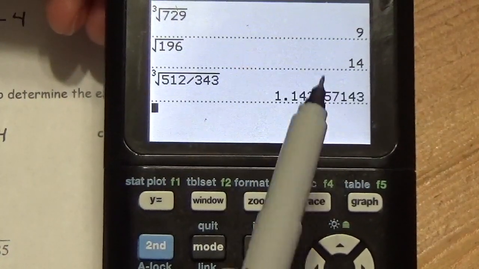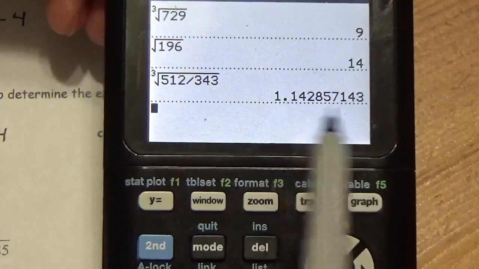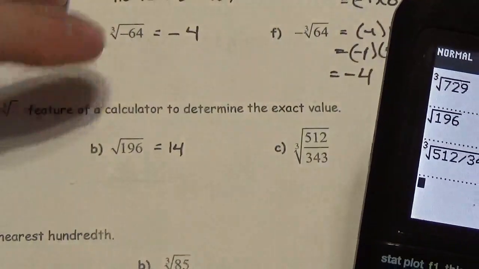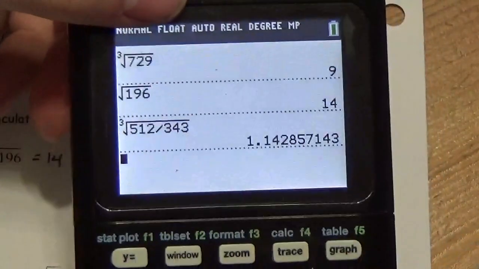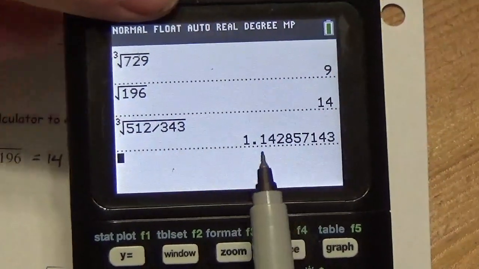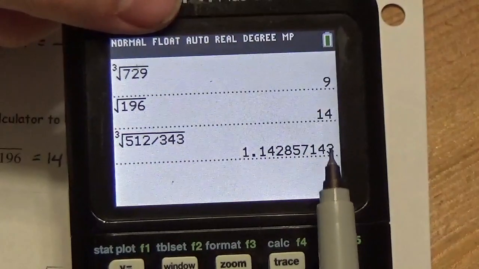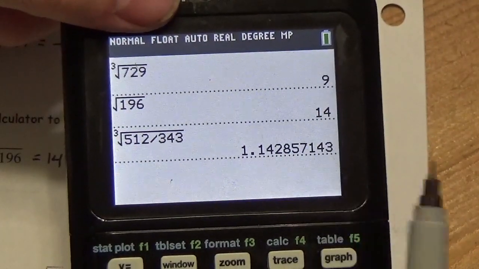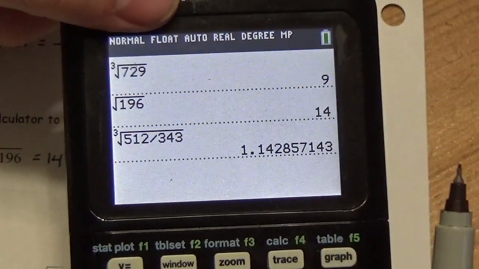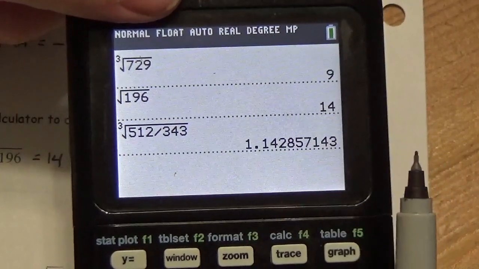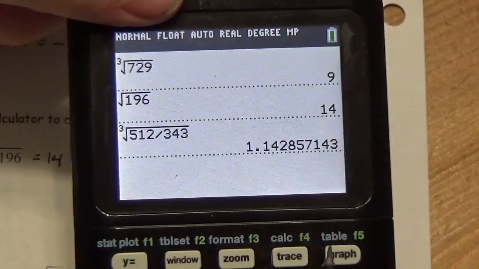I'm going to press enter, and I'm getting a strange decimal here. Now, this question told me that I should be able to get an exact value. A decimal is not an exact value, because the calculator is rounding at some point to give me this value. As soon as you round, you're not looking at an exact answer.